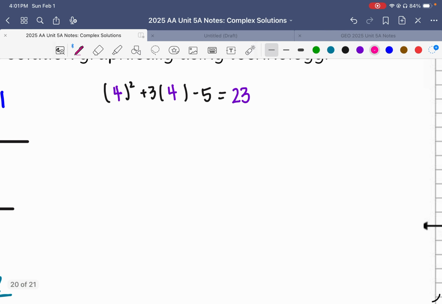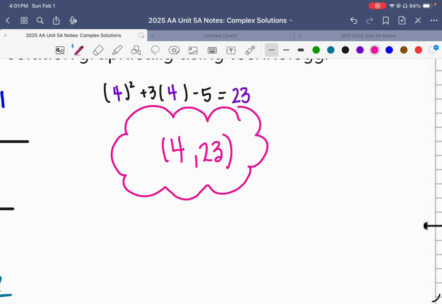So our first solution is 4 comma 23. And people will ask me about this on Friday, so that is a parenthesis.